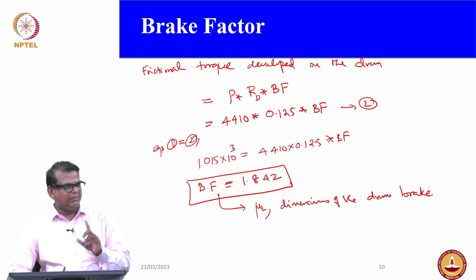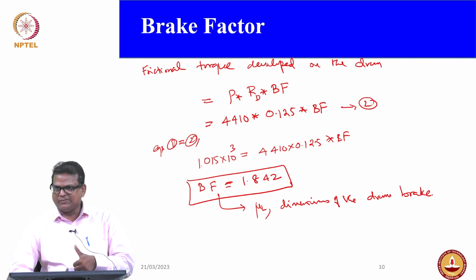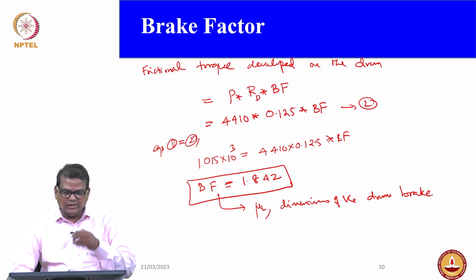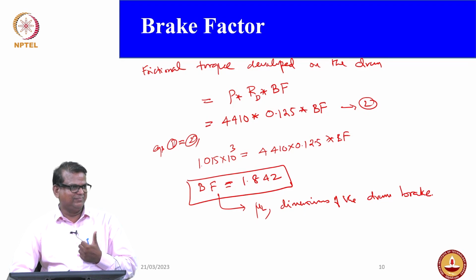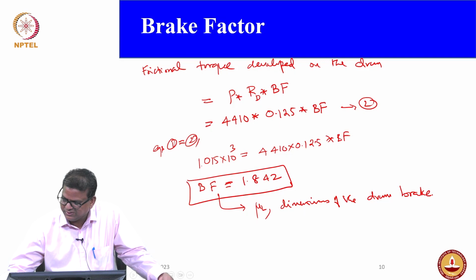We know what the leading shoe factor and the trailing shoe factor are, but we don't know the values of mu L. So we have to substitute the mu L value by varying it, 0.1, 0.2, 0.3, 0.4 like that, until you meet the braking factor value. When it meets, that's the corresponding mu L value you should provide based on the SAE standard. Right. So we are going to use the trial and error method.